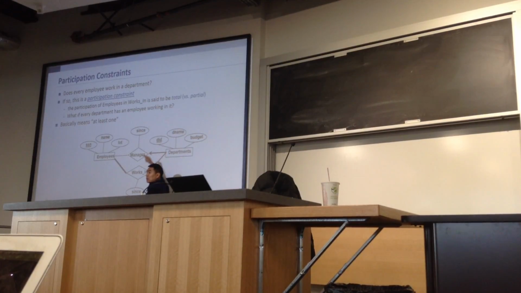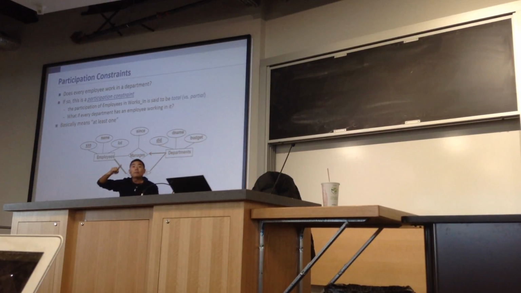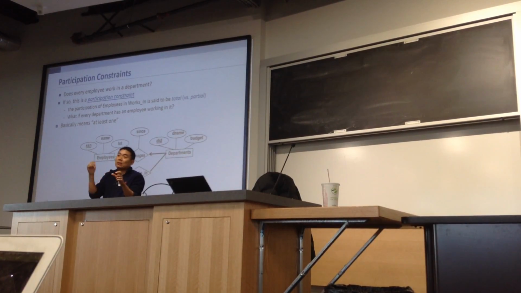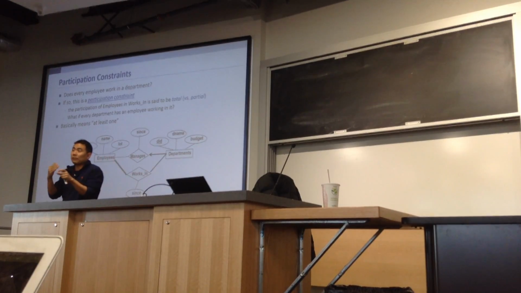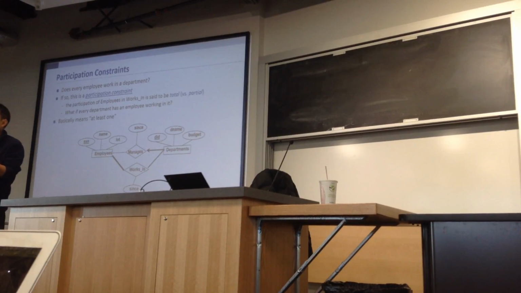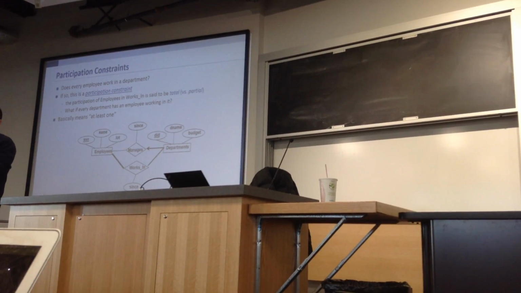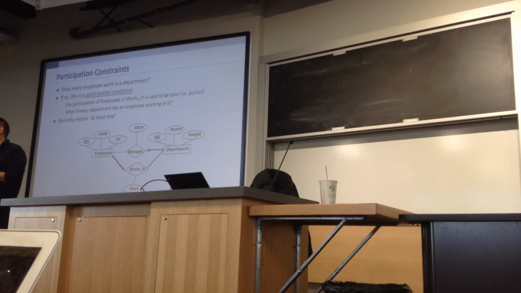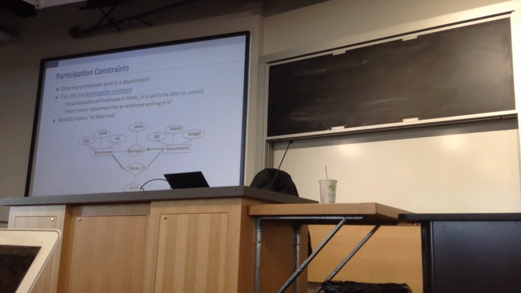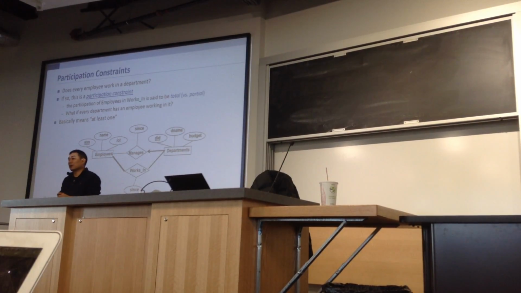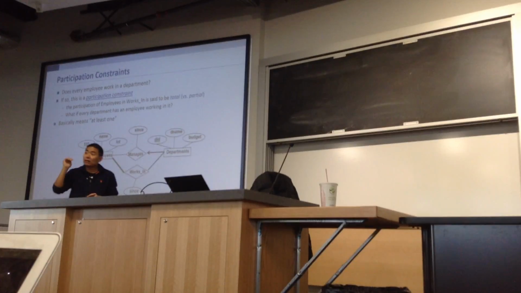What that means is each department may have one manager. That's when you do not have the total participation constraint. Now combining that with the total participation constraint, each department may have and must have one manager. Combining the two, that's exactly one manager. Can there be multiple managers per department, or is it still just one? Just one, because you still need to satisfy the one-to-many mapping. So that's why it's exactly one.